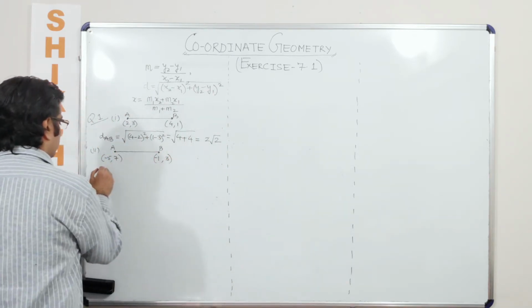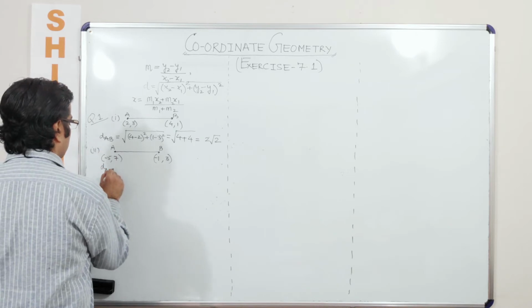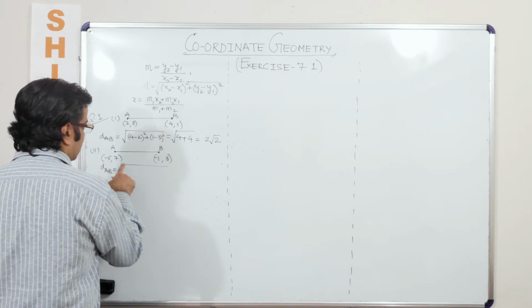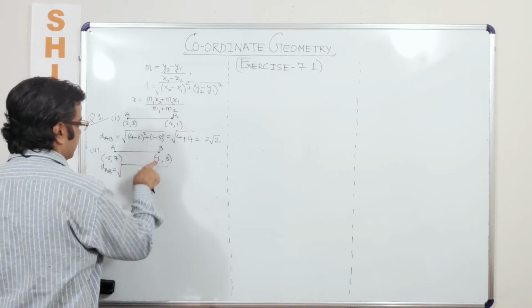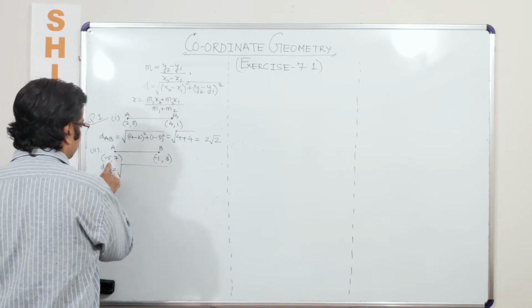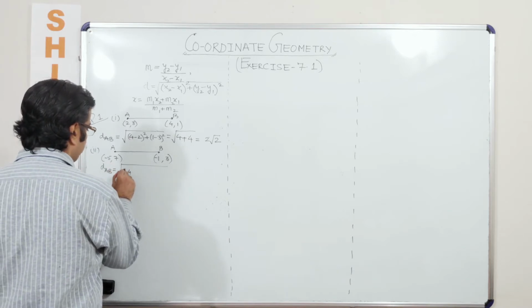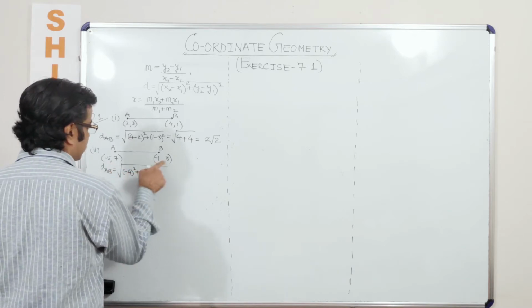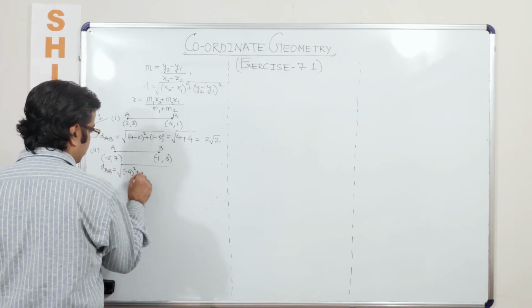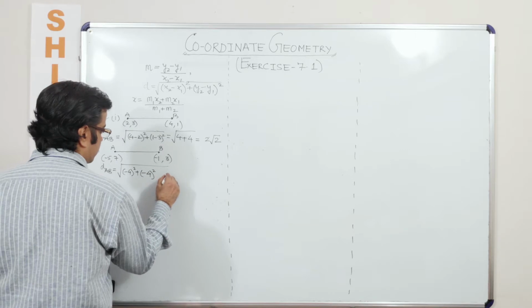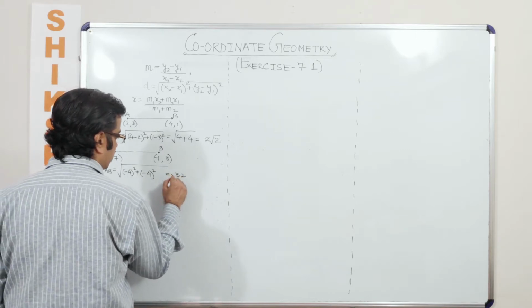Applying the same logic here, I am not writing x2 minus x1 out, to save time. Minus 1 minus of minus 5 becomes plus 5, so this becomes minus 4 whole square, plus 3 minus 7, which is again minus 4 whole square. So this comes out to be root 32.